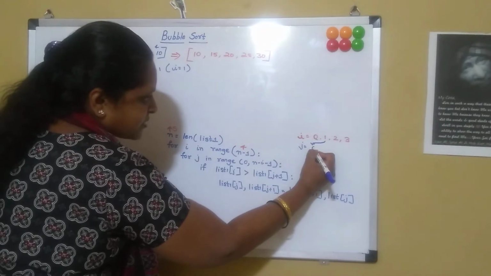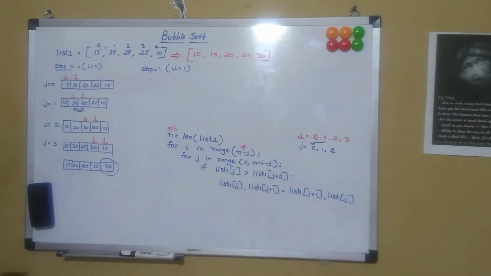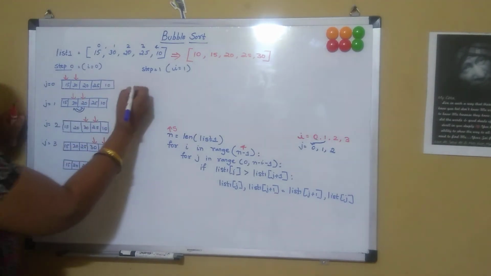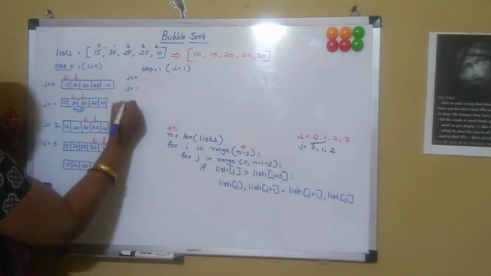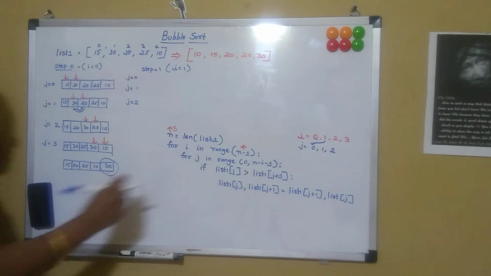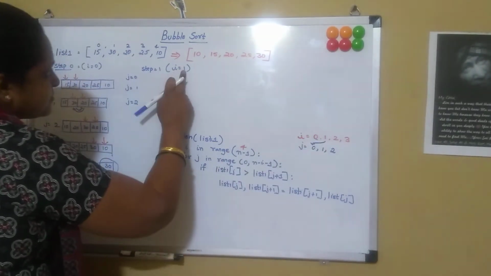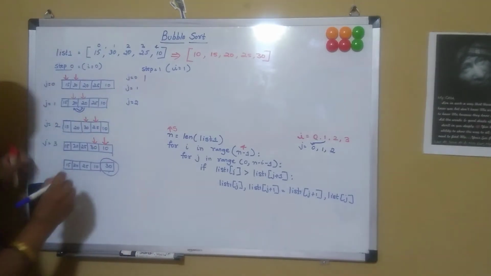So it will span from 0, 1 and then 2. It won't consider the third index. So in step 1, for j equal to 0, j equal to 1, j equal to 2, it will do the comparisons. Firstly, for i equal to 1, j equal to 0, let's see what is the output.